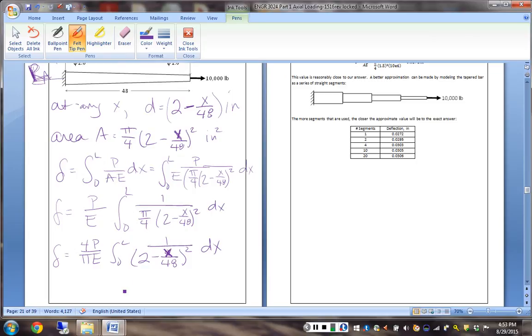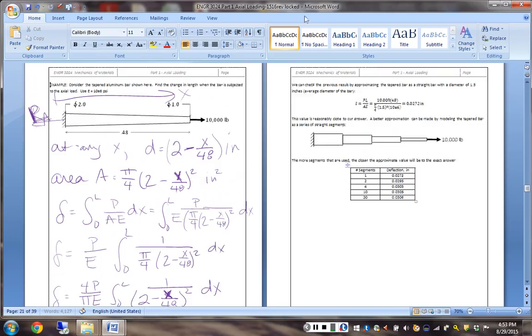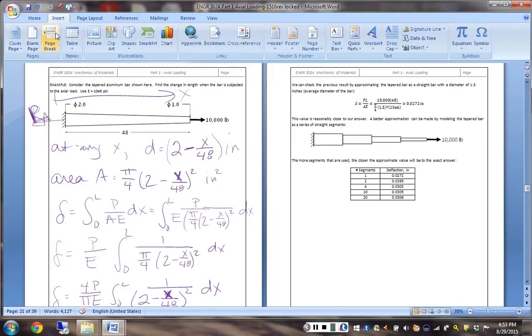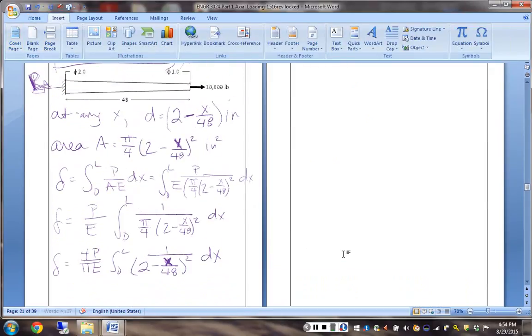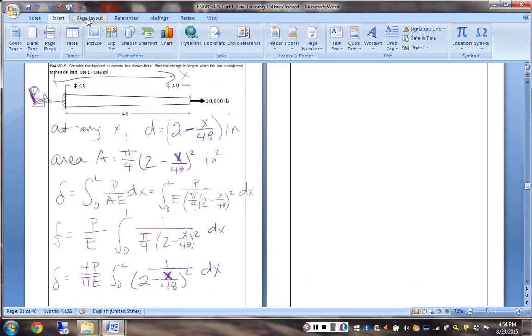And in the integral tables, we can get ourselves some extra space again. Insert blank page. All right.